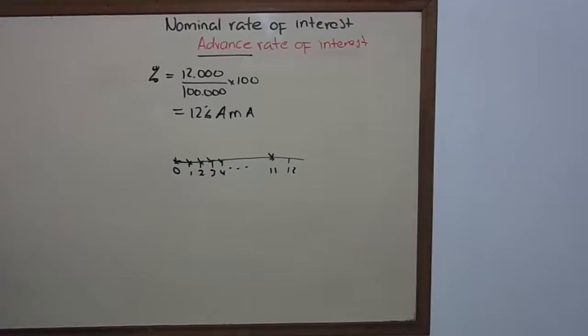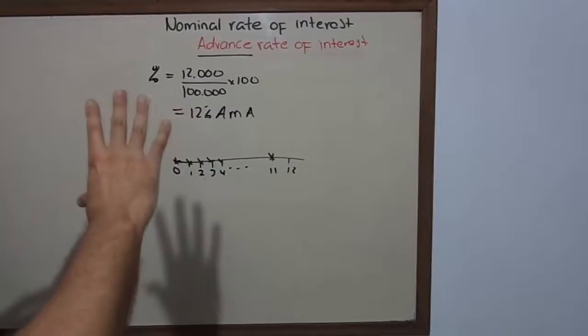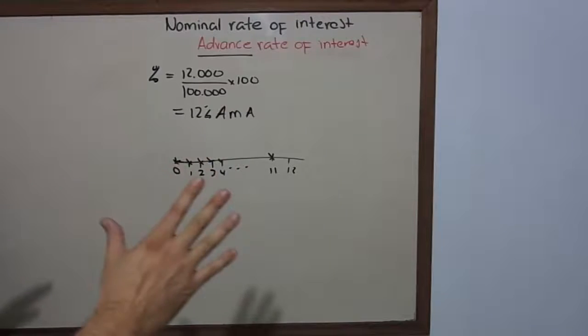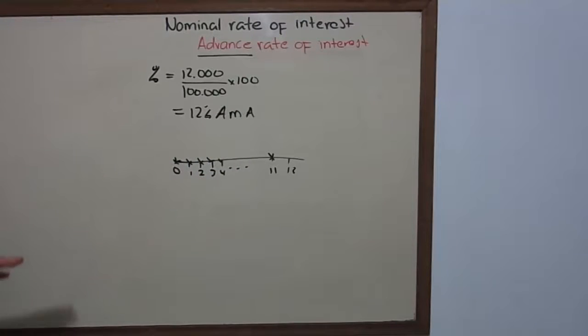And it is effective, as I explained in the video, because there is no other way to use interest rates under the financial math criteria for the equations. All the equations only work with effective rate of interest. So let's turn this into an effective rate of interest.